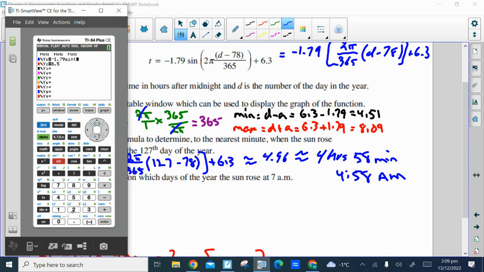And so I'll have to open another bracket for my b value of 2 pi over 365. So close the bracket on our b value, open another bracket for x minus 78. Close the bracket on that, and then close the bracket on that open when I hit sine. And then plus 6.3.